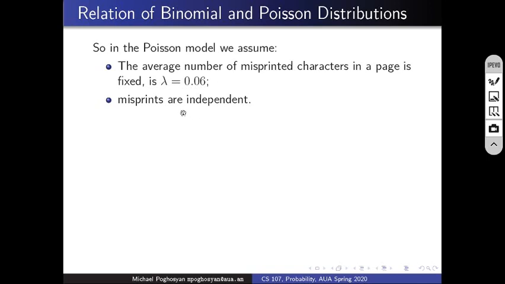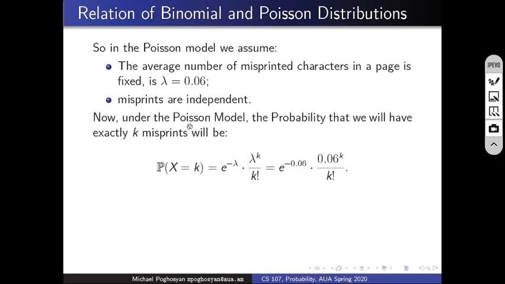And we need to assume that misprints are independent, that events of having a character misprinted are independent of each other. Now, under the Poisson model, the probability that we will have exactly k misprints in a page will be calculated by this formula: e to the minus 0.06, this is lambda, times 0.06 to the k over k factorial.